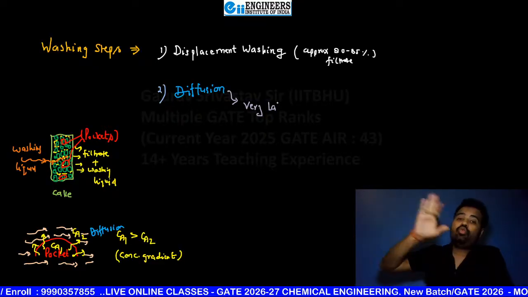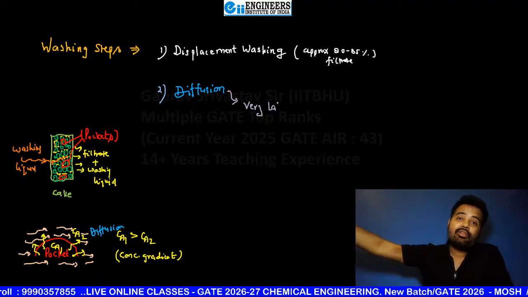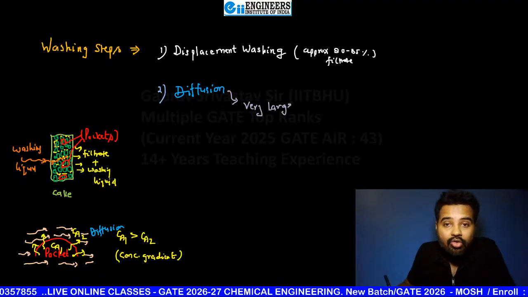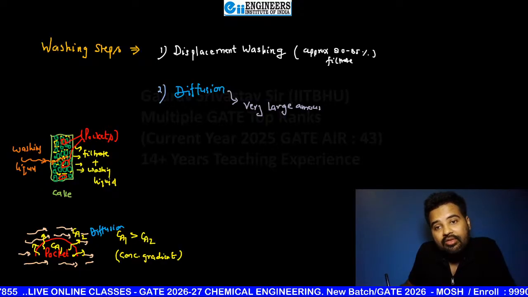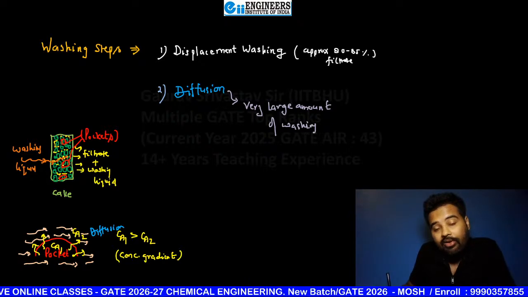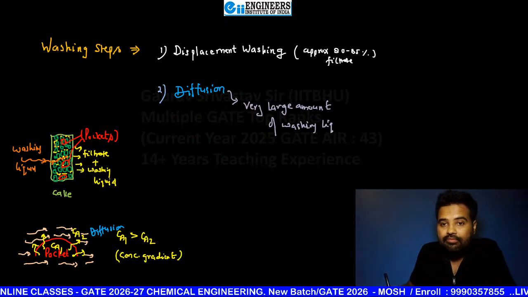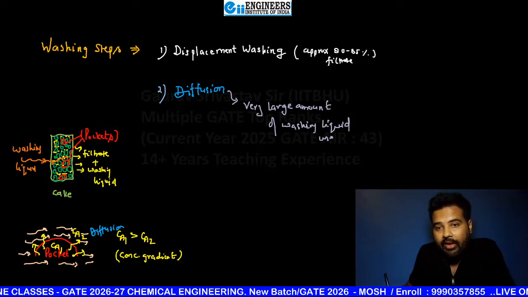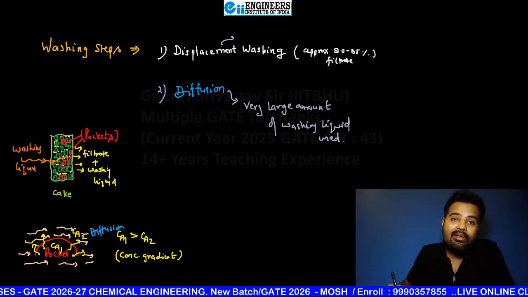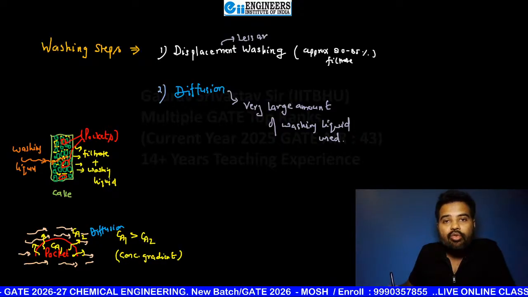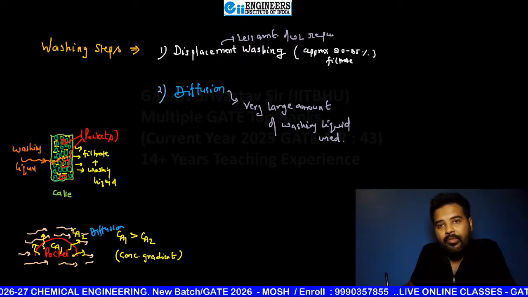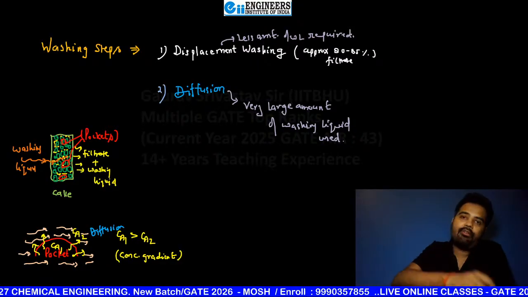So you need to maintain the flow rate of washing liquid for a very long time. That means a very large amount of washing liquid is used for this second step, and in comparison with displacement washing, a less amount of washing liquid is required.